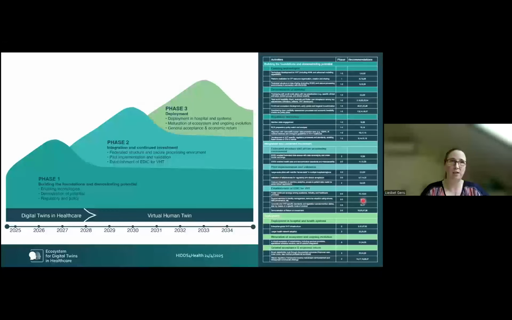They're evaluating the proposals that have been submitted. So this is going to be built, and this should be realized by 2028 or something. And so that's one point in time where there will be a clear difference, after which we can start actually using this platform, and we can go from digital twins in health and care at the moment to actually realizing the virtual human twin.